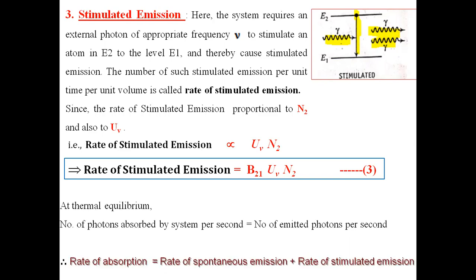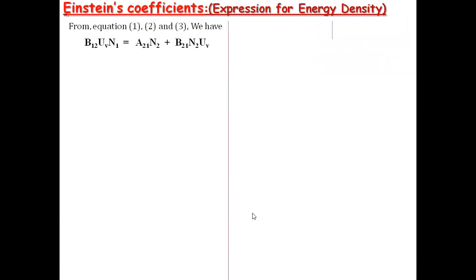And also I have argued the rate of absorption must be equal to the rate of stimulated emission plus the rate of spontaneous emission. You just substitute all the mathematical terms here and you will see this kind of equation. The rate of induced absorption is equal to the rate of spontaneous emission plus the rate of stimulated emission.